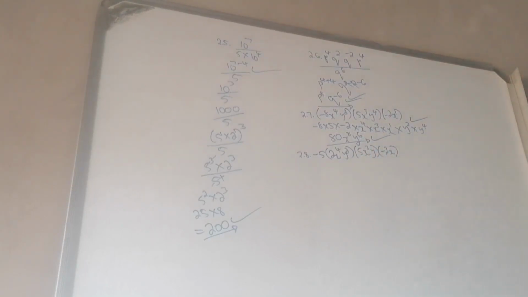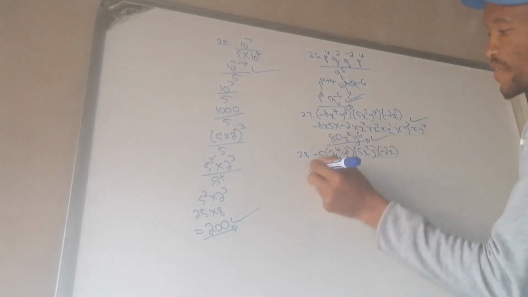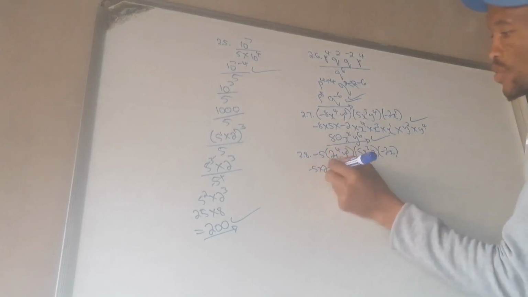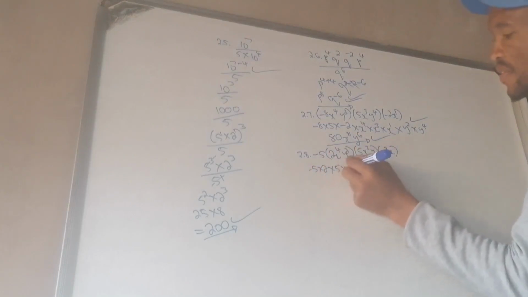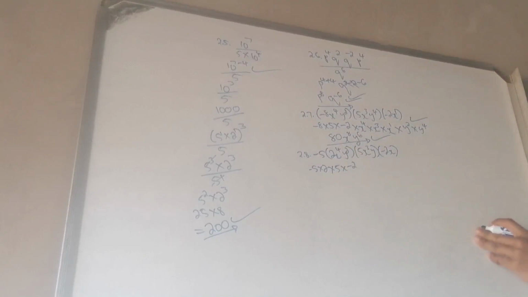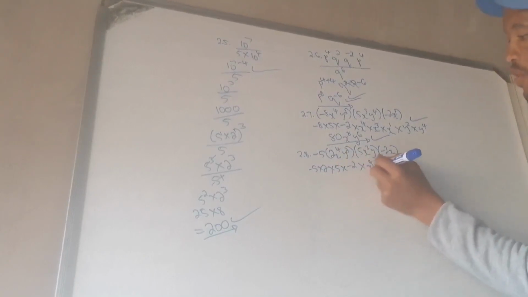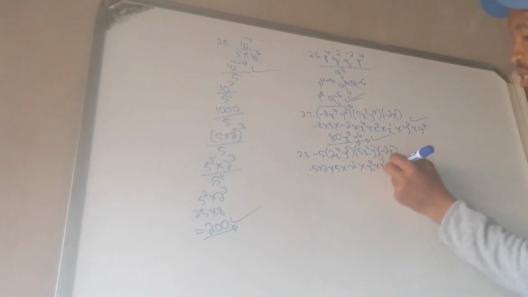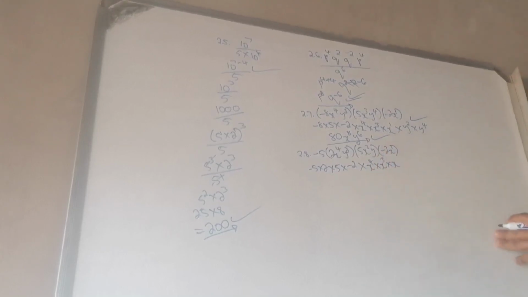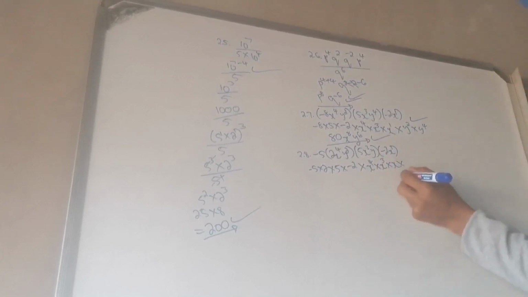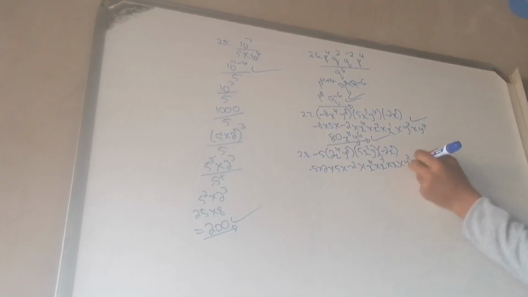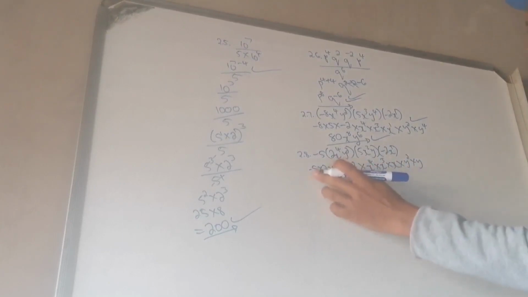I start with the numbers: negative 5 times 2 times 5 times negative 2, then the alphabet: x4 x3 x, and y squared times y.